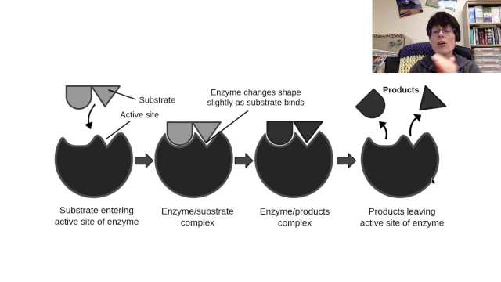Now this can also go backwards. We can have two substrates come in, it can bring them together, cause a bond, and then we can have one product leave too. So this process can go the other way, depending on the needs of the cell in the organism.